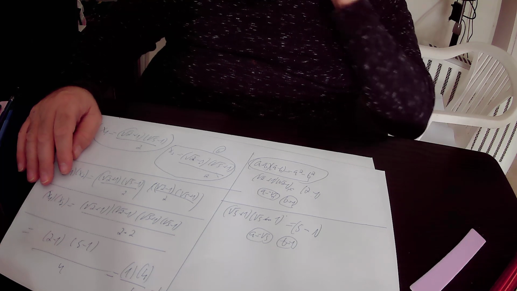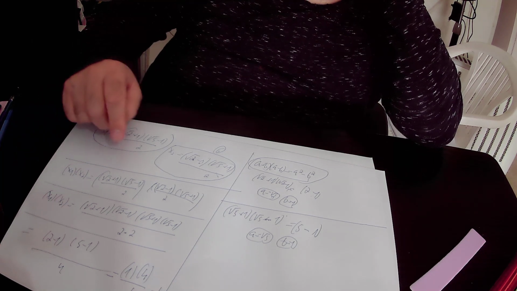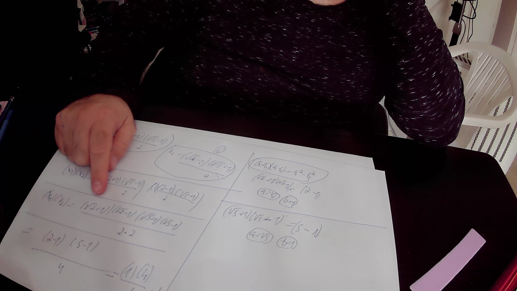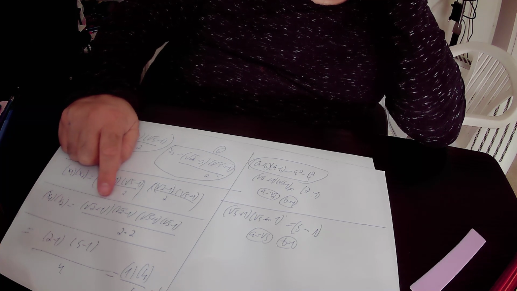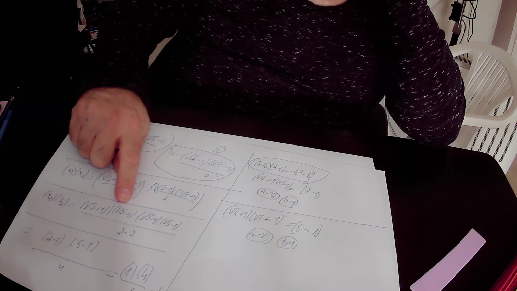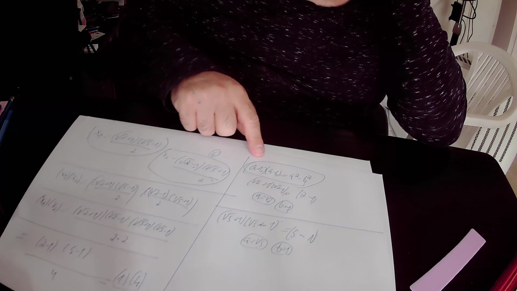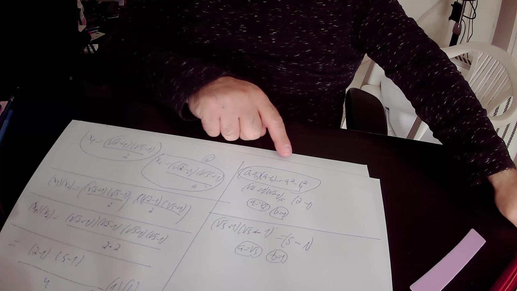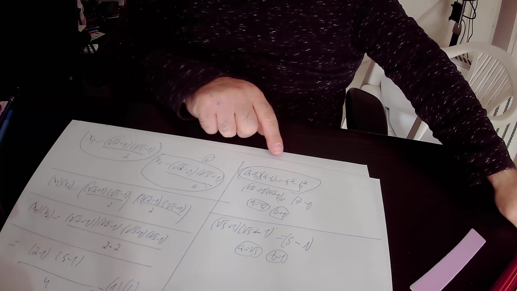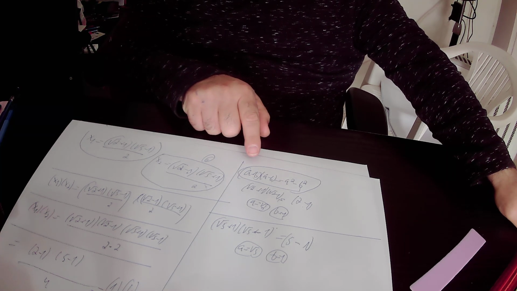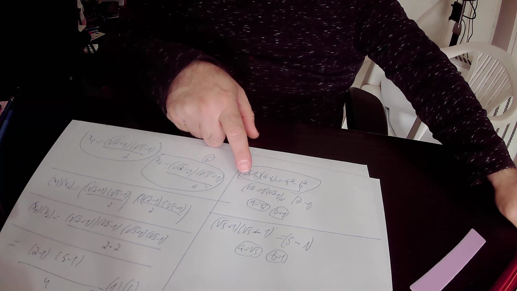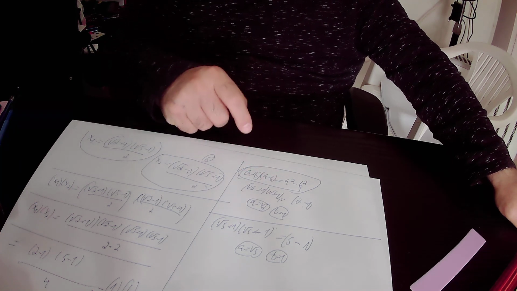Here we calculated the value of the expression square root of 2 plus 1 times square root of 2 minus 1 according to the algebraic identity that states that a plus b times a minus b equals a squared minus b squared. In our specific expression, a is equal to square root of 2 and b equals 1.